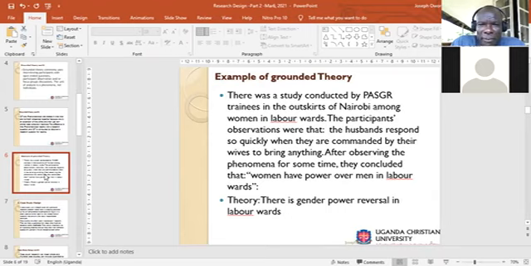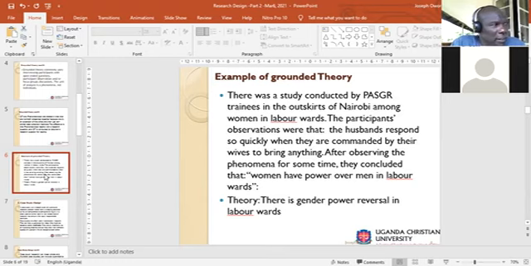After observing that phenomena for some time, they concluded that women have power over men in the labor ward. So that became a theory of sorts. Women have power over men in the labor ward because they have observed that over and over again. So they devise a theory saying women have power over men in the labor ward.